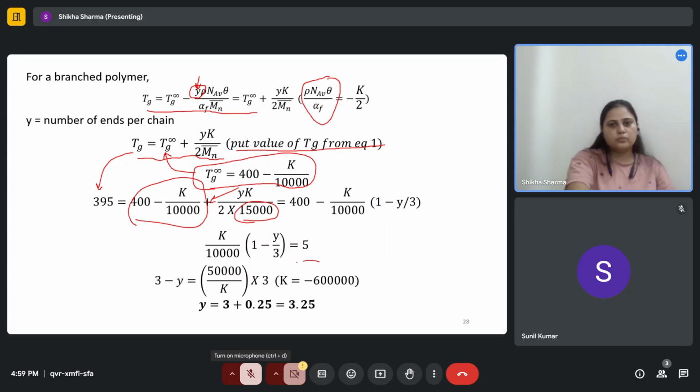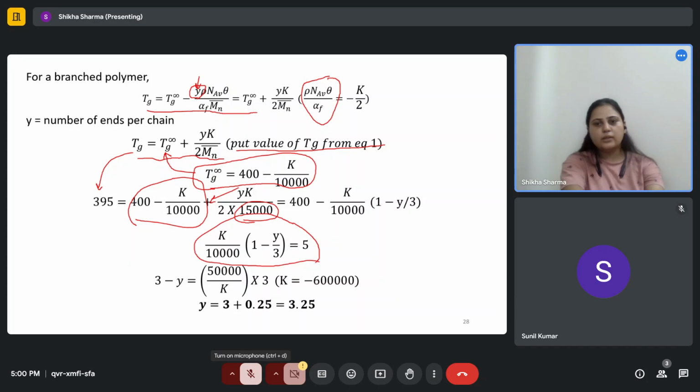When we simplify this, k by 10,000 multiplied by 1 minus y by 3 is equal to 5, because 400 minus 395 gives 5.